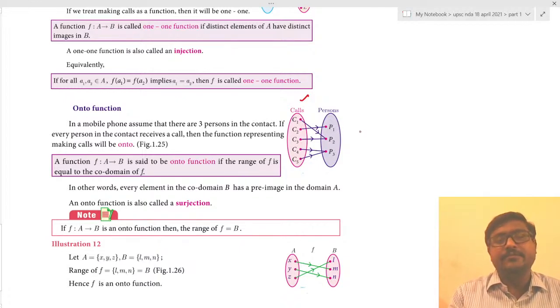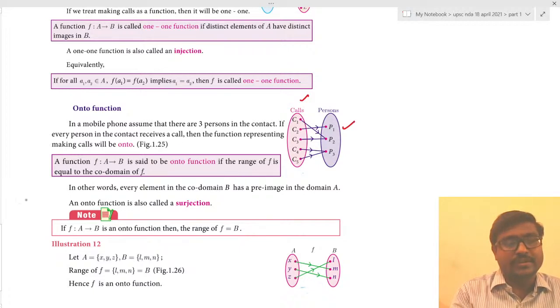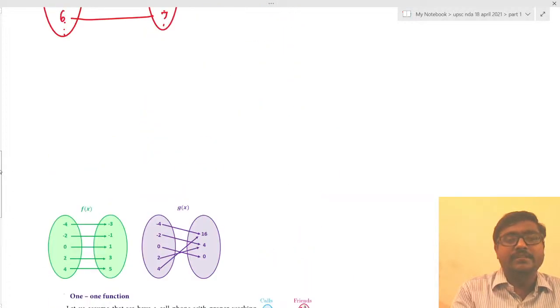It cannot be simply left without being related to any element. So it has to be an image. The collection of all images we call the range. So when no element is left unrelated with the first set, that means the range and codomain coincide. That case is called an onto function. So you know that very well.